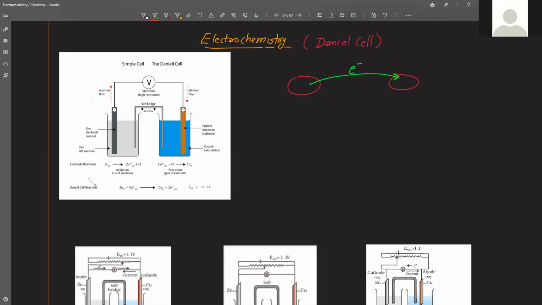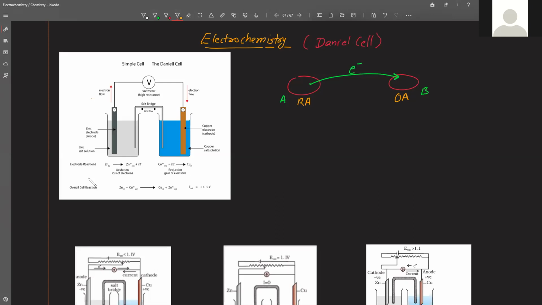If this is A and this is B, A is giving electron to B, and by doing that B is getting reduced. So A is the reducing agent, and just opposite, B is the oxidizing agent.